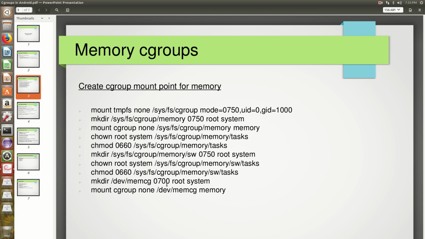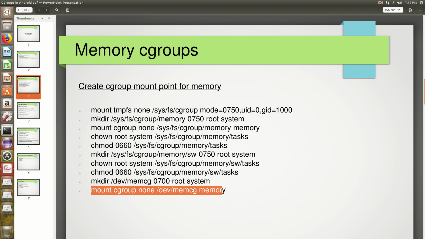From my experience, using the sysfs cgroup memory sometimes doesn't allow you to write to or read from it, or work on those things. Especially, I've tried this with an Ubuntu system. So typically, the low memory killer uses the memcg path for its configurations.